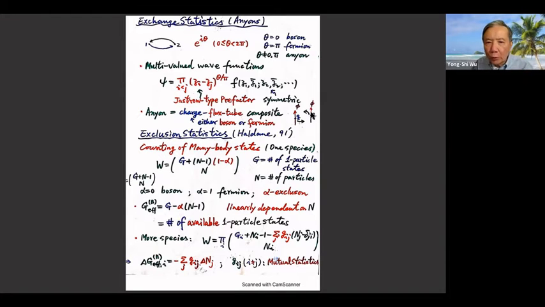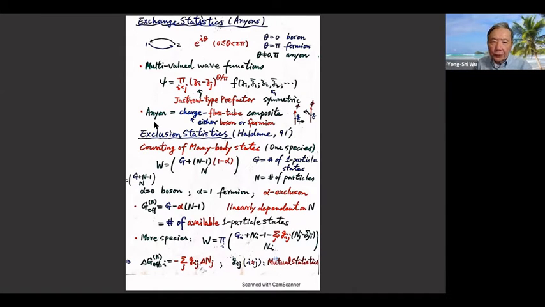This is the well-known Aharonov-Bohm effect. Okay, so this is exchange statistics. We just look for the exchange phase for the many-body wave function.